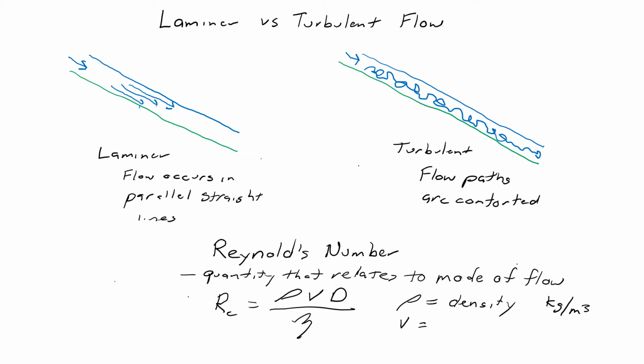Velocity. What units do we use for velocity? I know you guys know this. Meters per second. Diameter of an opening. Diameter we measure as a linear distance, or meters.